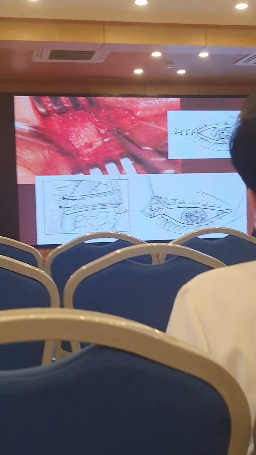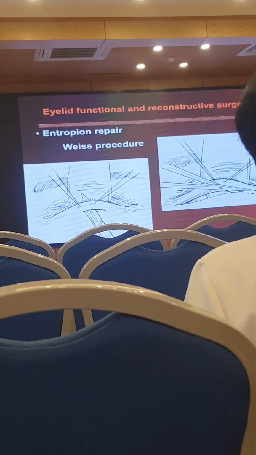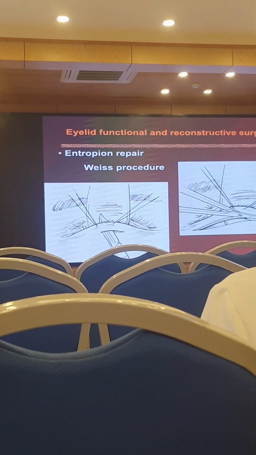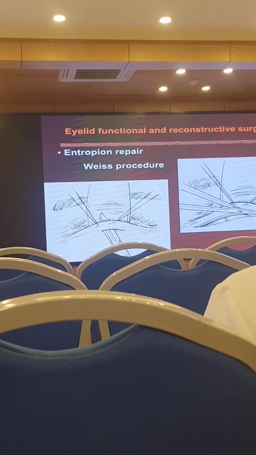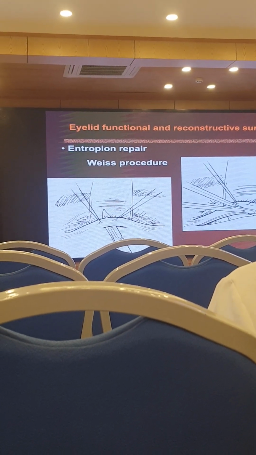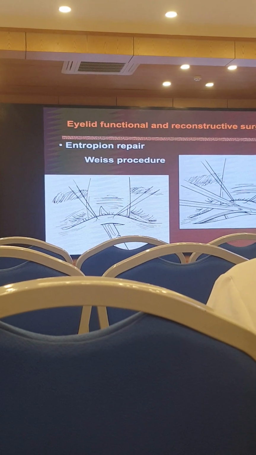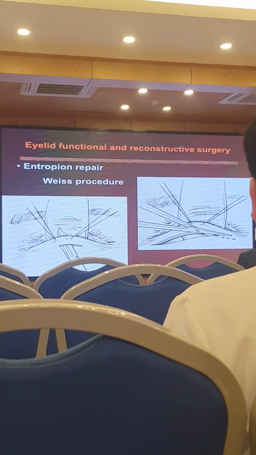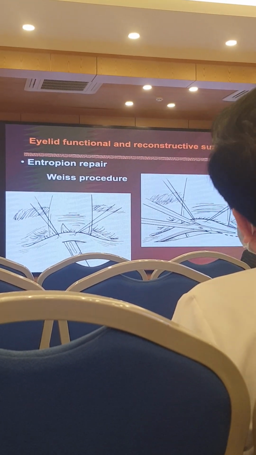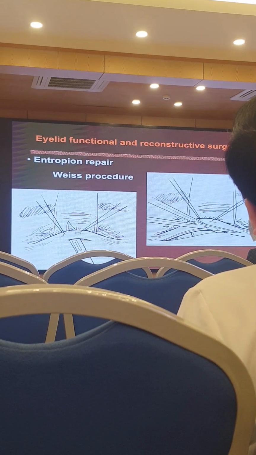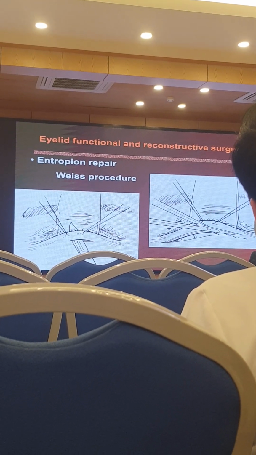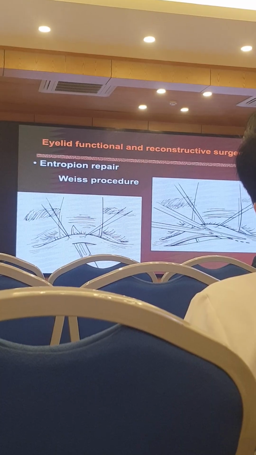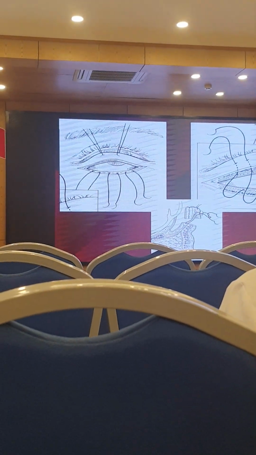This is another simple procedure called a Weiss procedure. This is an older technique. It's not used as much nowadays, but it is effective if you have a combined mechanism entropion. Let's say they have horizontal laxity, but they also have some cicatricial component. In this Weiss procedure, you make a full thickness incision all the way across the width of the eyelid, and then you put some internal sutures.